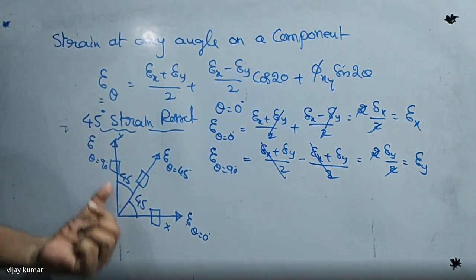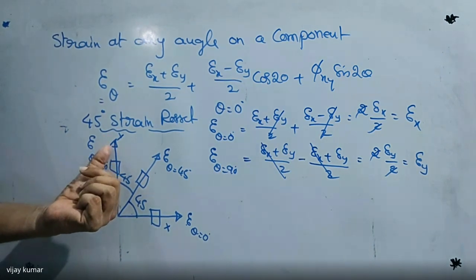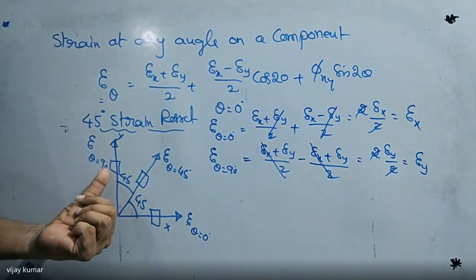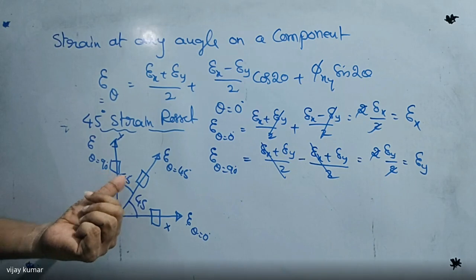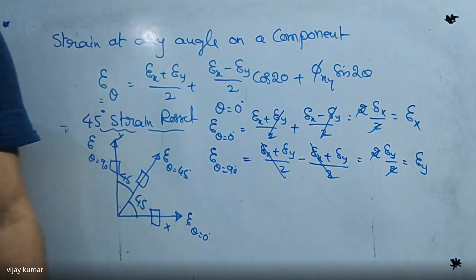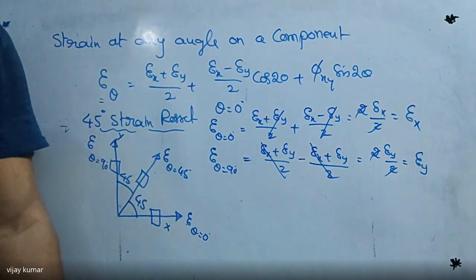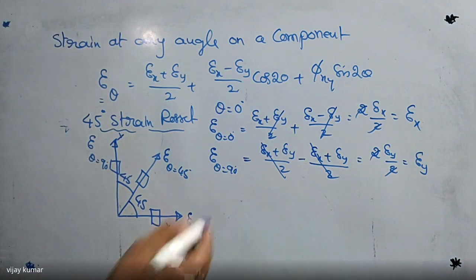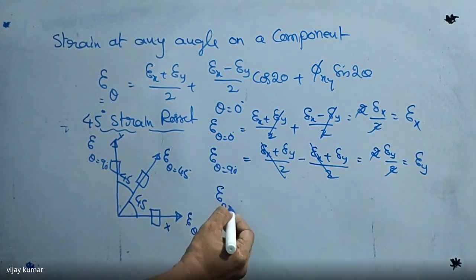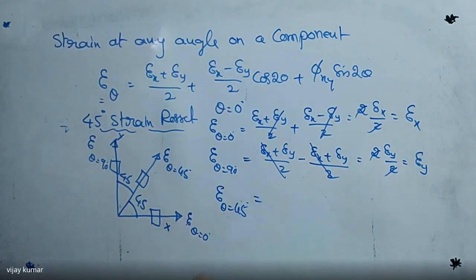Now I'm going to find what is the strain at an angle of 90 degrees. When you arrange the strain gauge at an angle of 90 degrees, what is the value of strain we can get? That is epsilon y. So what is the strain when theta is equal to 45 degrees?